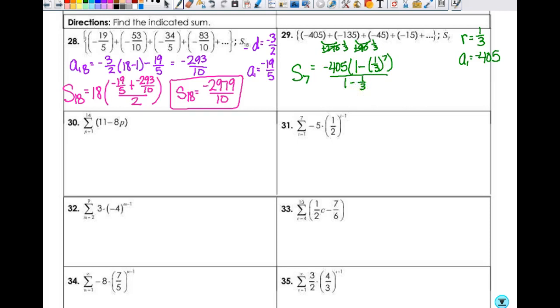Again, typing it in the calculator makes it a piece of cake, but you have to type it in the calculator correctly so that you get S7 is equal to negative 5,465 over 9.